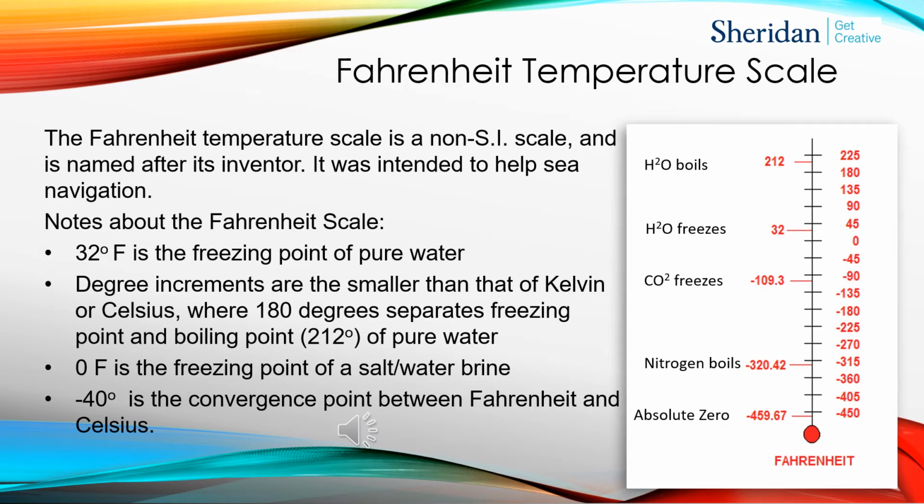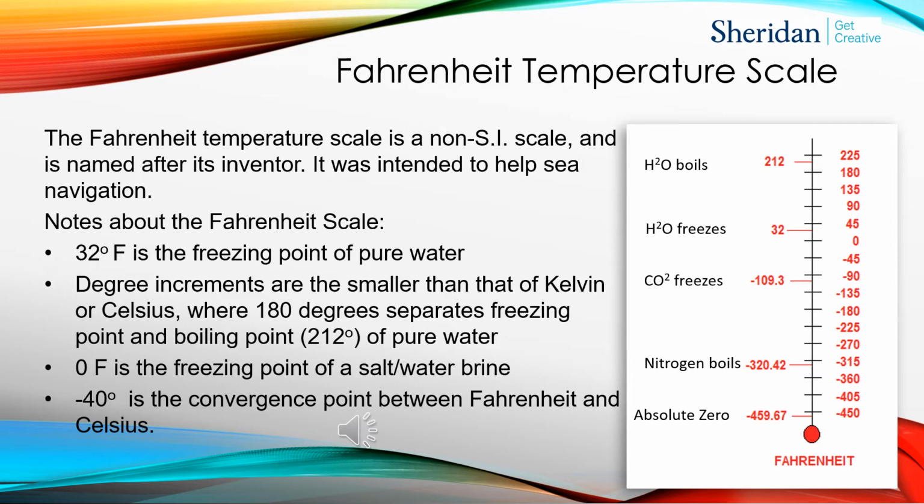Fahrenheit temperature scale. The Fahrenheit temperature scale is a non-SI scale and is named after its inventor. It was intended to help sea navigation. Notes about the Fahrenheit scale: 32 degrees Fahrenheit is the freezing point of pure water.